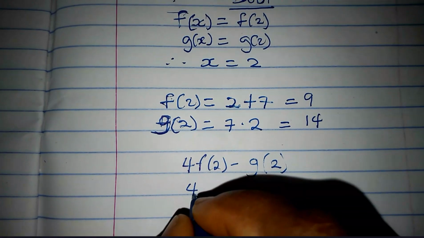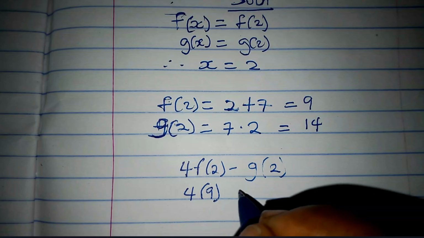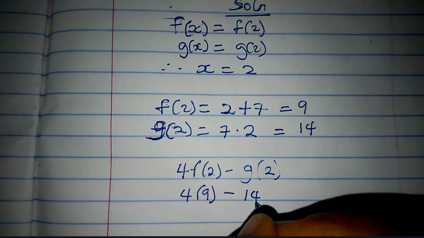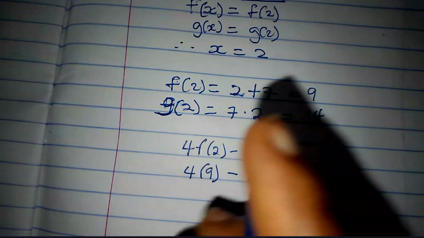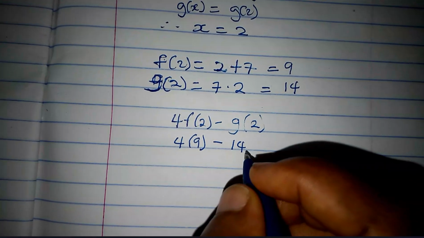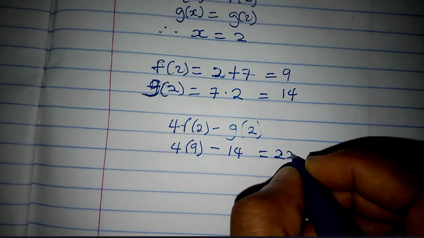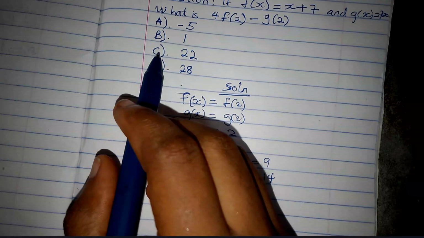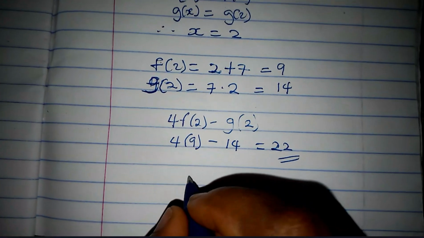We have f(2), that's 9, 4 times 9, minus g(2), that's 14. 4 times 9 gives us 36, and 36 minus 14 gives us 22. So that's our answer, and you can see our answer is in the options, which is option C.